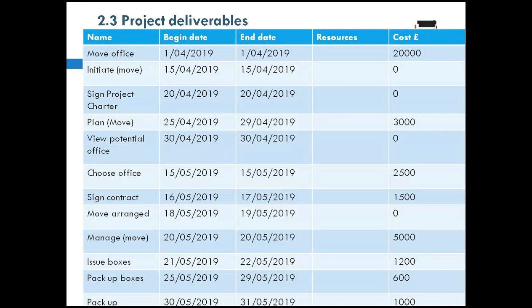When we say project deliverables, this is an example that I have designed in line with the assignment brief. The assignment brief says that you are employed as an office manager in a company based in the center of London. The company provides consultancy services to businesses around the world, particularly in the area of management development. All of the consultants work remotely from home.